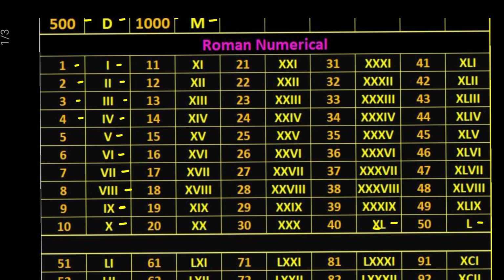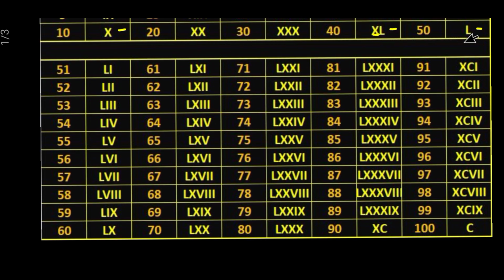We will continue from 51 to 100 series. As we stated earlier, for 50 we write capital L. For 51 to 59 again same fashion will be written: for 50 we write L and 1, 2, 3 like previous 1, 2, 3. For 60 we write L and X, means L is 50 plus X is 10, so it becomes 60, right.